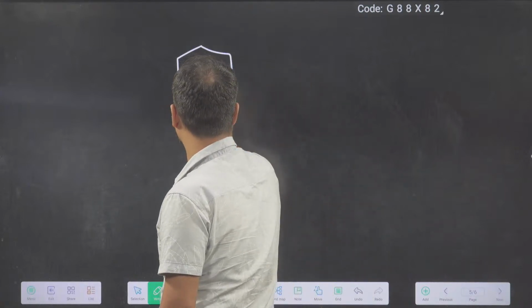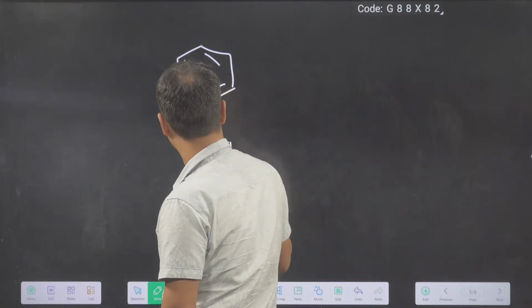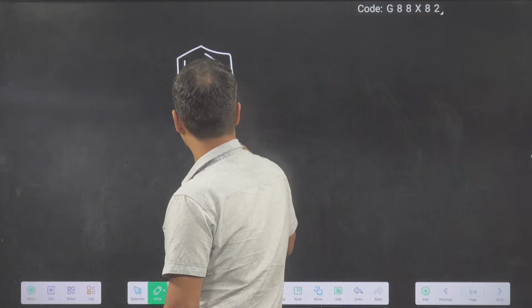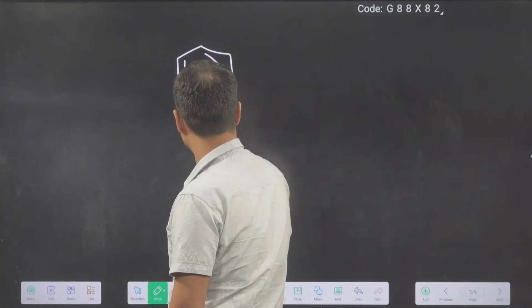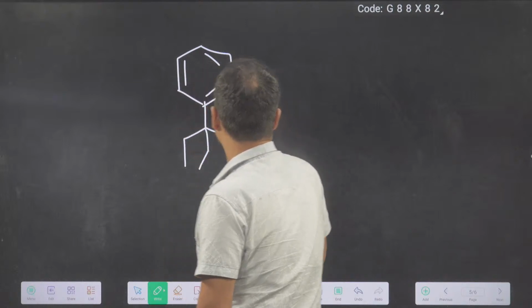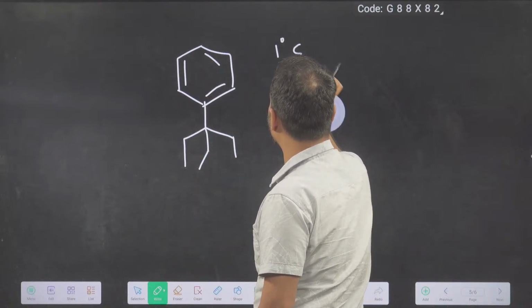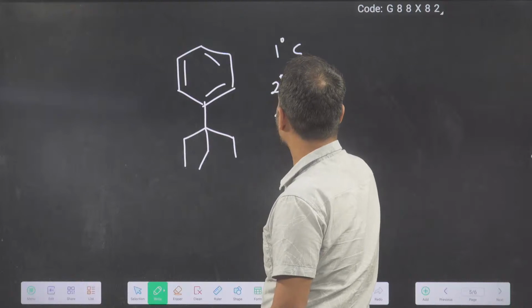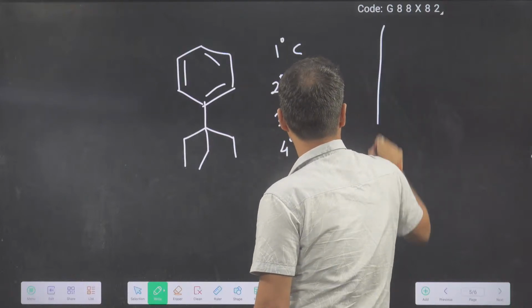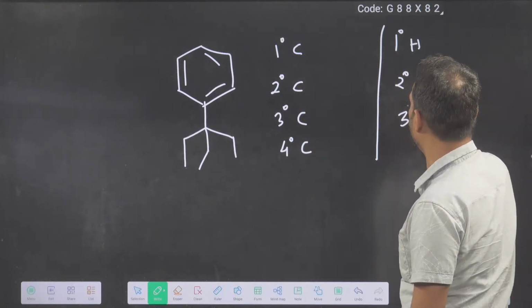And now a homework question for you. You have to count in this 1 degree carbon, 2 degree carbon, 3 degree carbon, 4 degree carbon, and similarly 1 degree hydrogen, 2 degree hydrogen, 3 degree hydrogen.